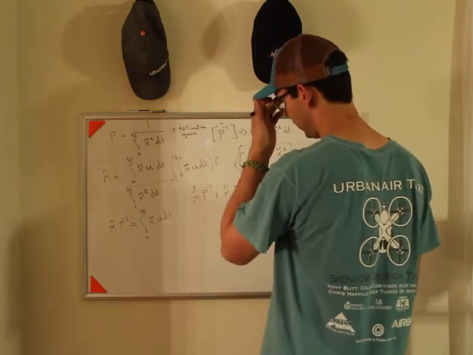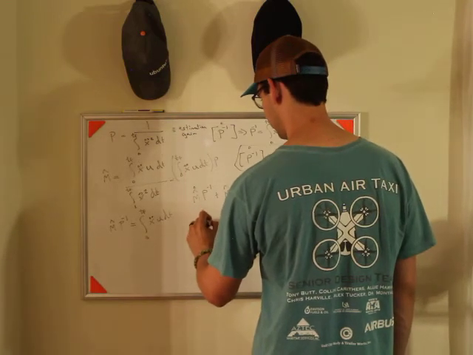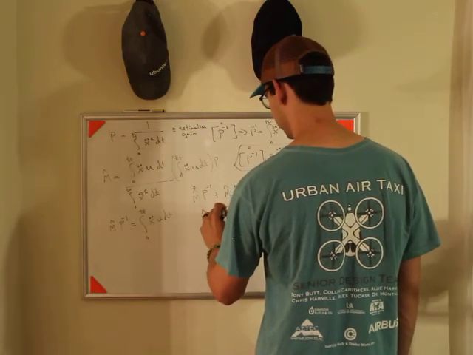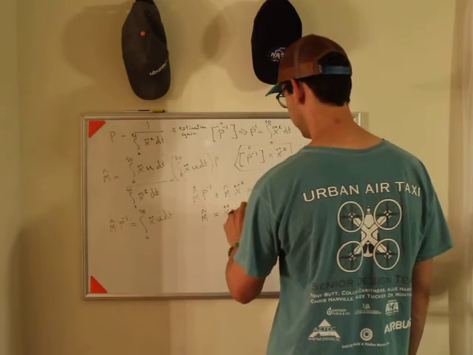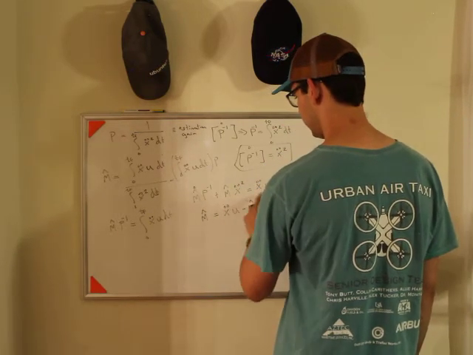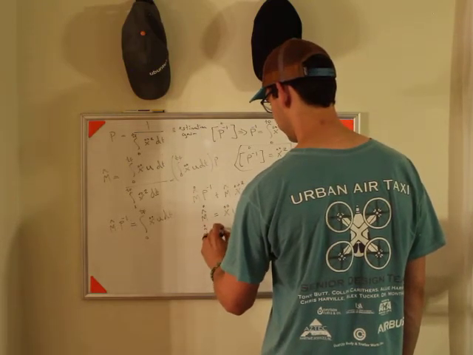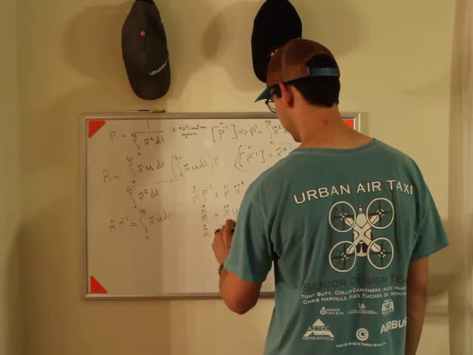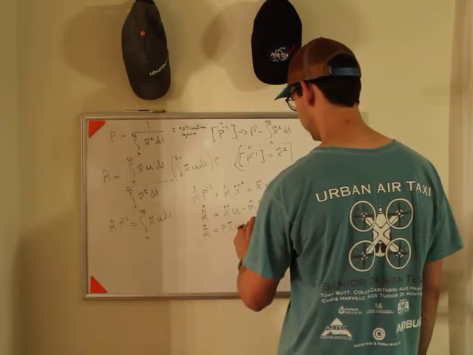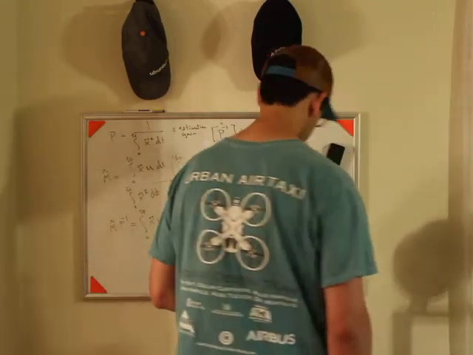And if you pull this to the other side, you get m hat dot equals x double dot u minus m hat x double dot squared, and then the whole thing times p, so m hat dot is p x double dot u minus p m hat x double dot squared, okay?